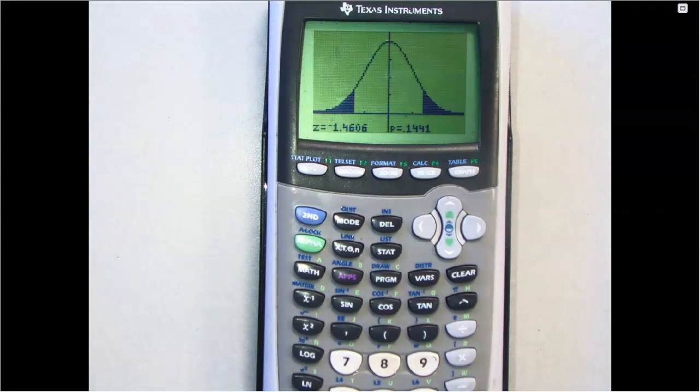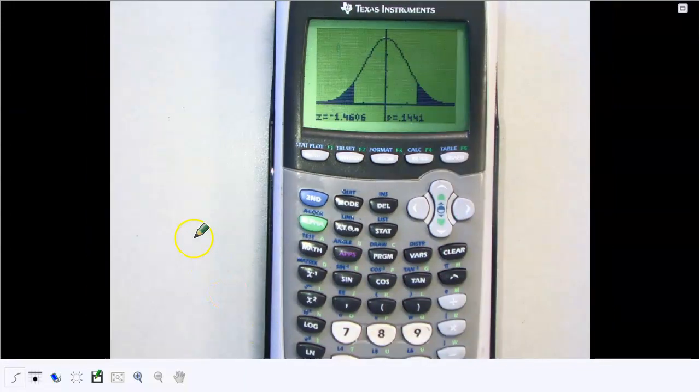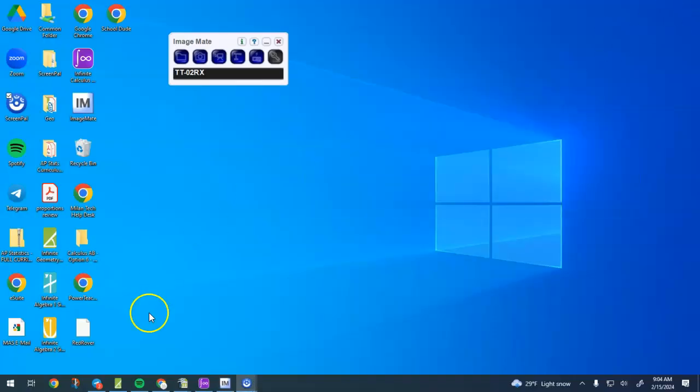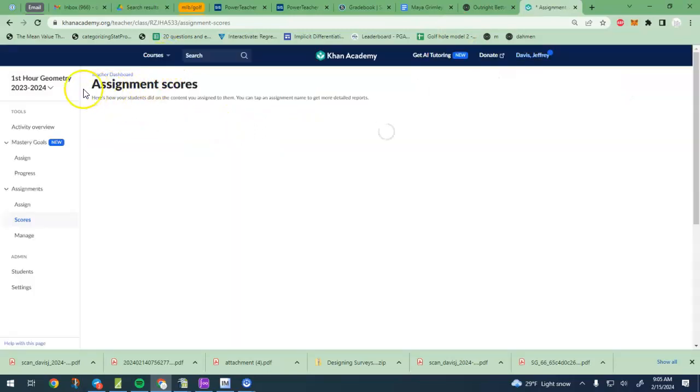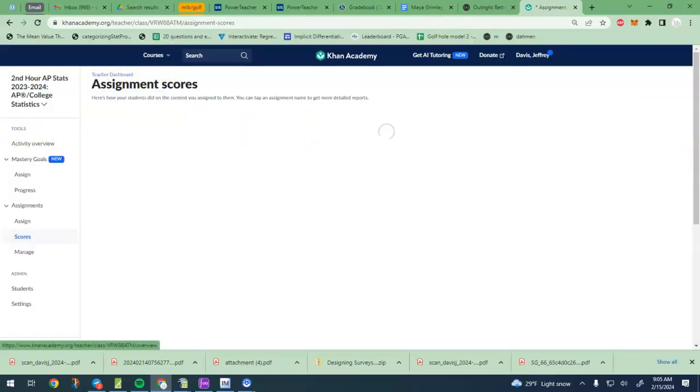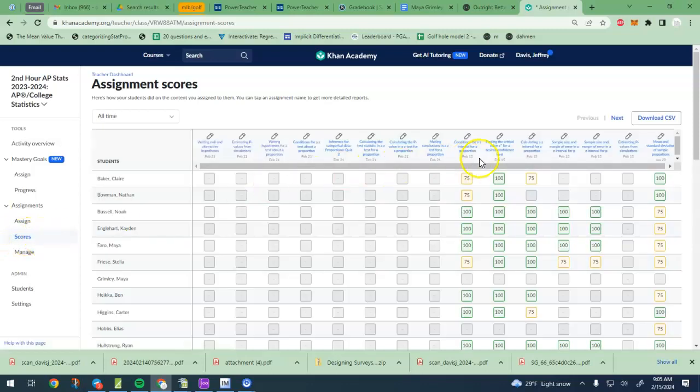Oh, there's one I want to show you. There's one con I want to talk about. It was the p-value section, right? The first one I assigned this time around.